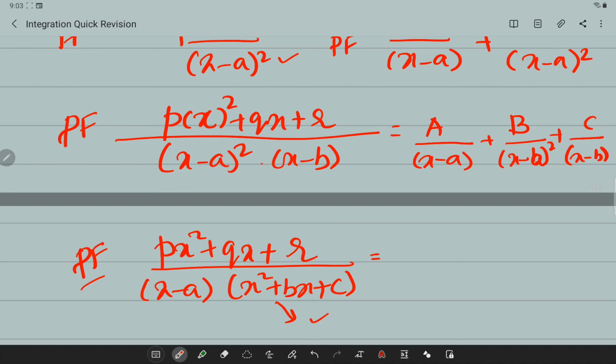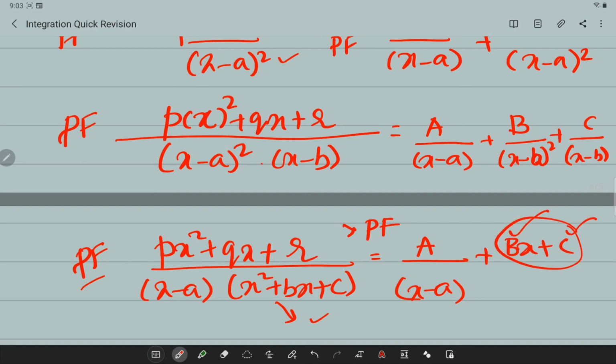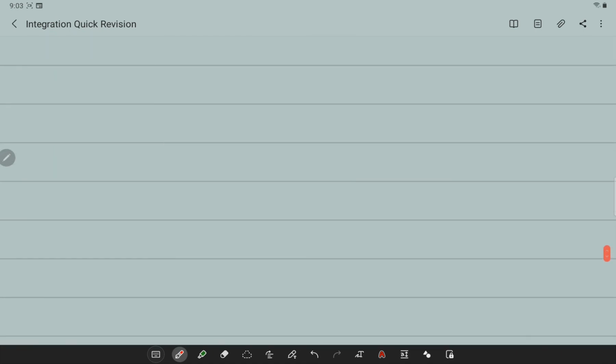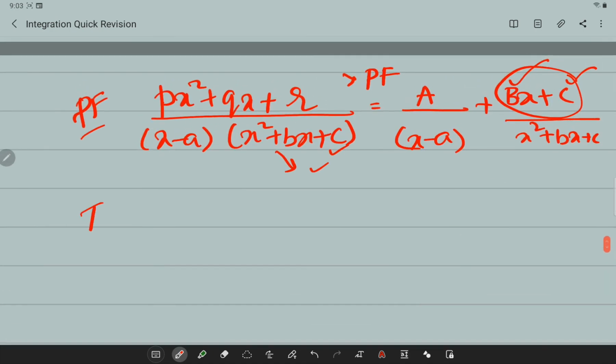So now I can only split this into a partial fraction with two terms, A by x minus a plus Bx plus C divided by this term x square plus bx plus c.